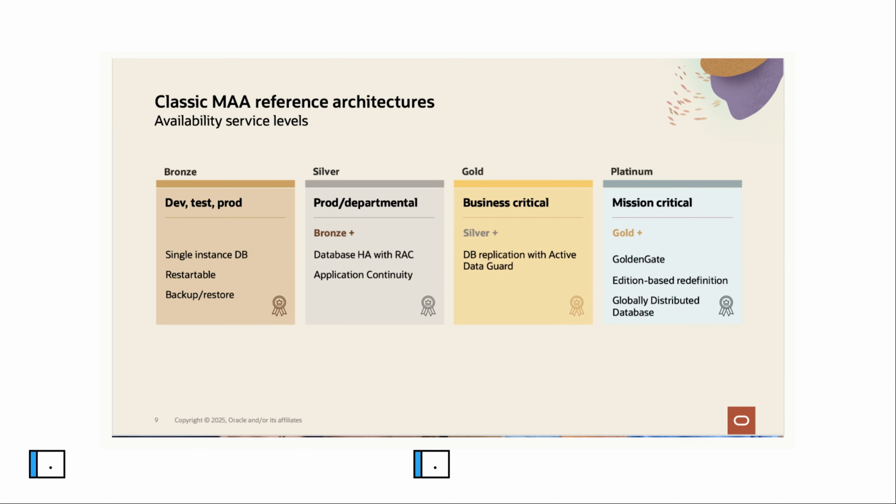So as you can see now on the screen, we have the 4 levels of protection that we recommend. We have the bronze. Bronze gives you the lowest level of protection for RTO and RPO, and basically you are only protecting your data by using backups, in this case, using RMAN. In the silver, now you are adding protection for high availability.